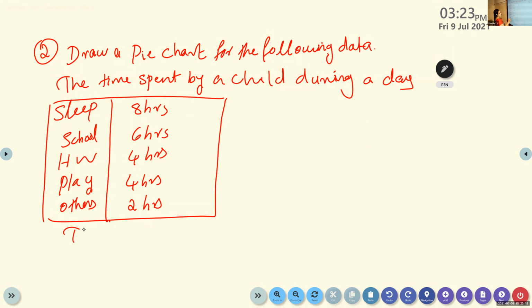Total, find the total. The total is 24 hours per day.